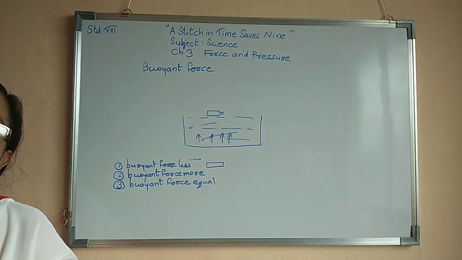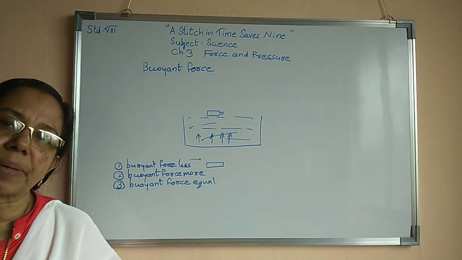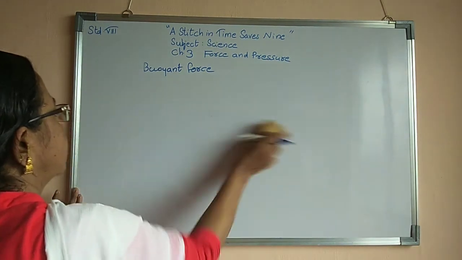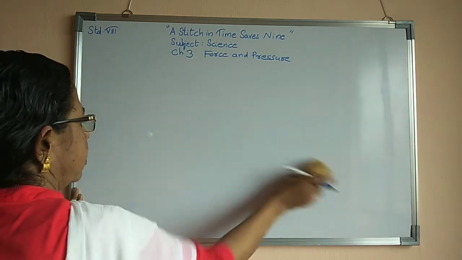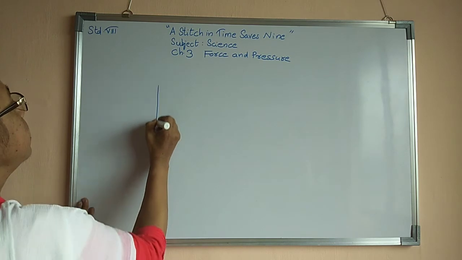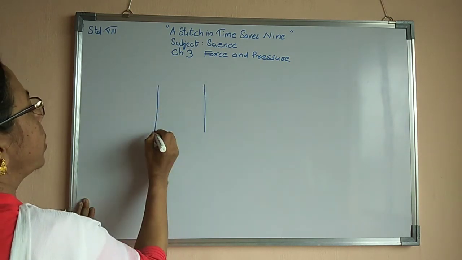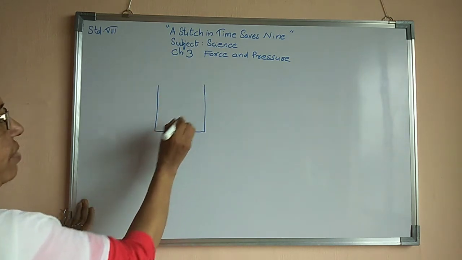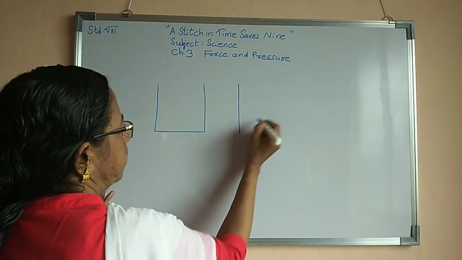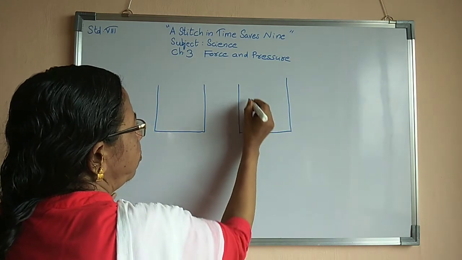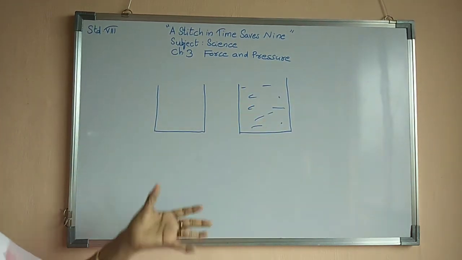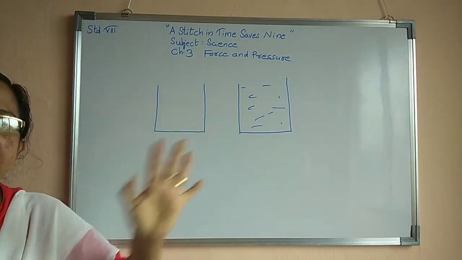Now we will study what is Archimedes' principle. Here I am taking two containers. One is empty, that means only air is there. The other one is full of water. Both of them are of equal height and equal size.